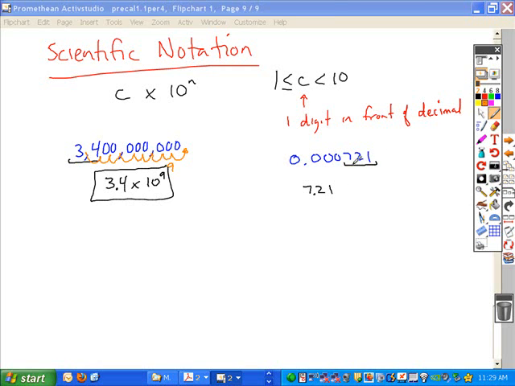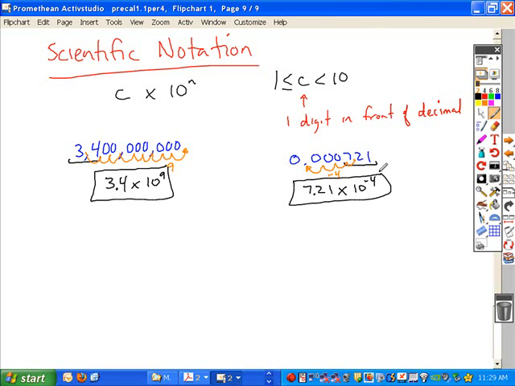And then again, back on your original number, here's where you're placing your decimal. Decide how many places you have to move: 1, 2, 3, 4 to arrive at the original decimal. So this is 4 to the left, which is a negative direction. And so when you find your power of 10, you're going to use that negative 4 to represent scientific notation.